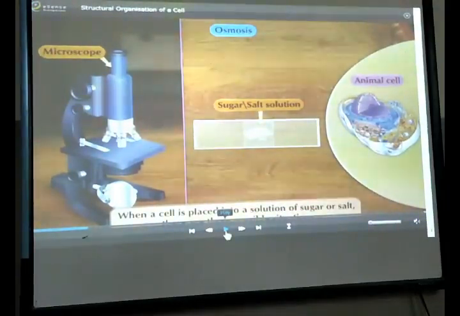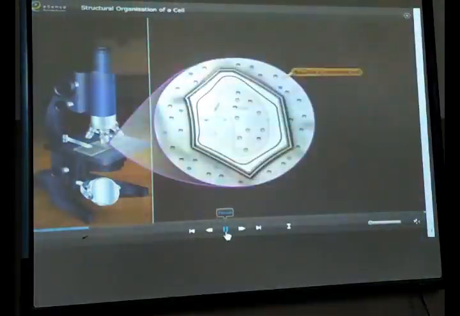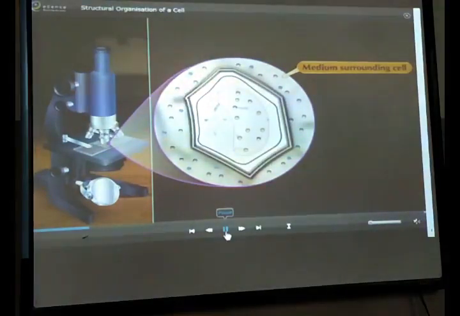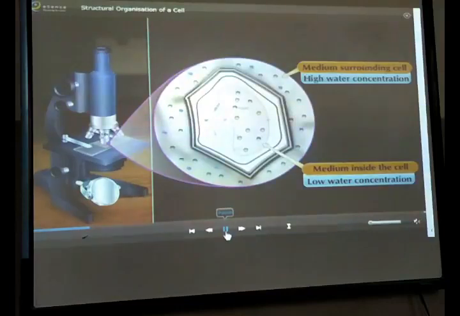As we have seen, if we see this cell under the microscope, two media are created surrounding the cell, higher concentration and lower concentration.